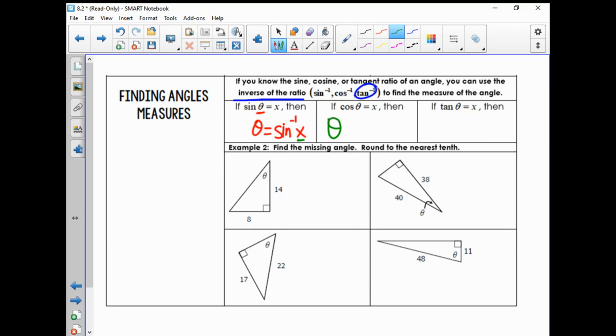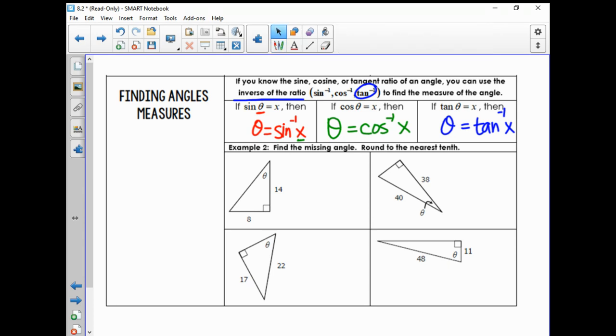If you know the cosine is equal to something, then theta is equal to the inverse cosine of that x that you found. And the last one, if you know the tangent of theta is equal to x, then theta is equal to the inverse tangent of x right there. So our calculators again are going to be the heroes of these examples.